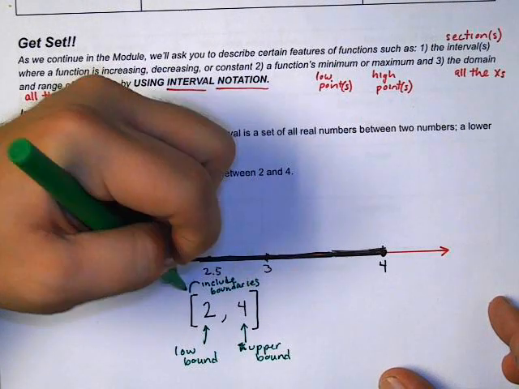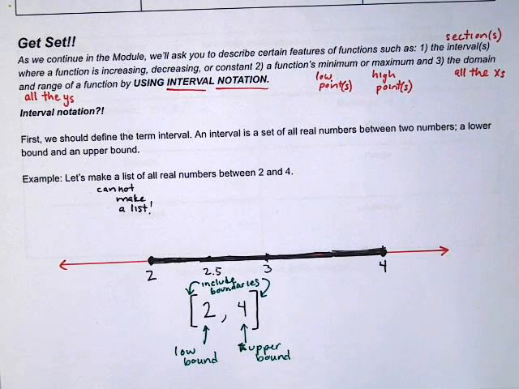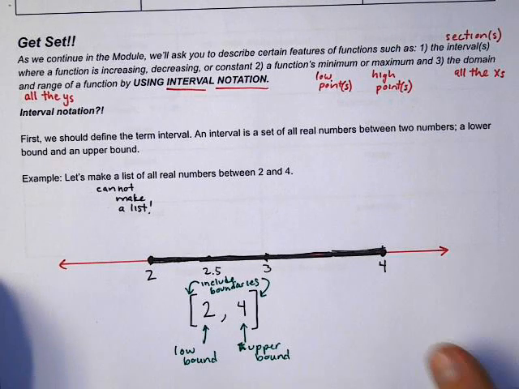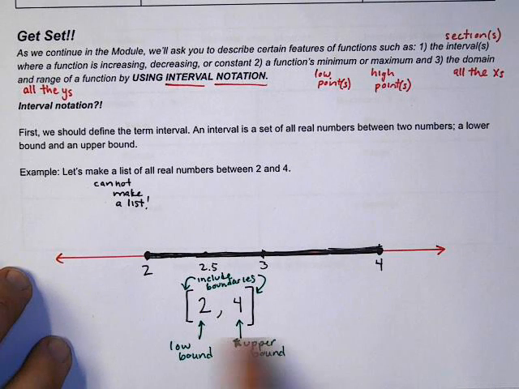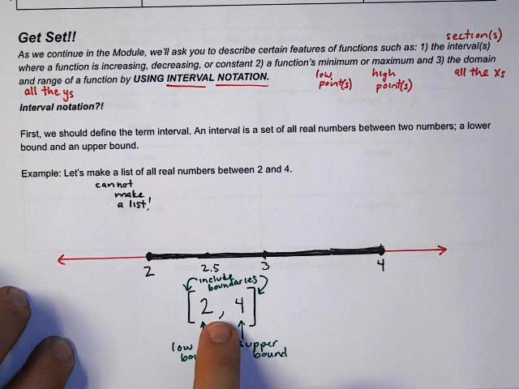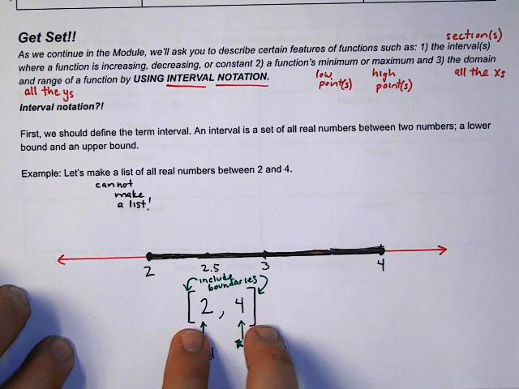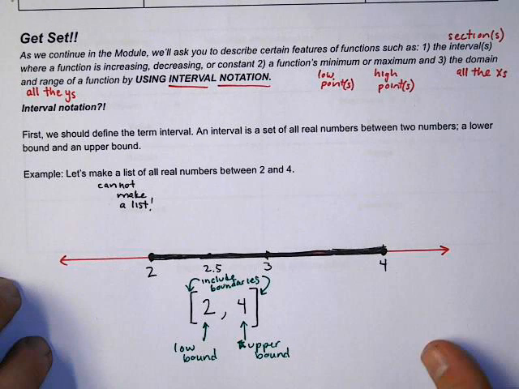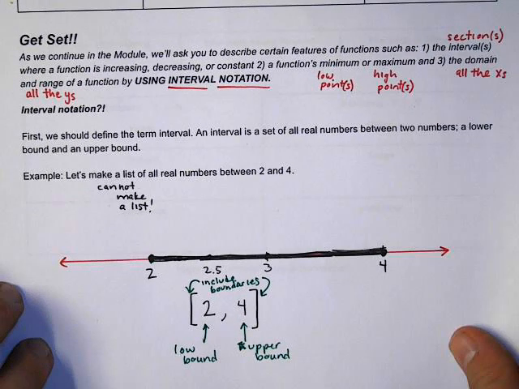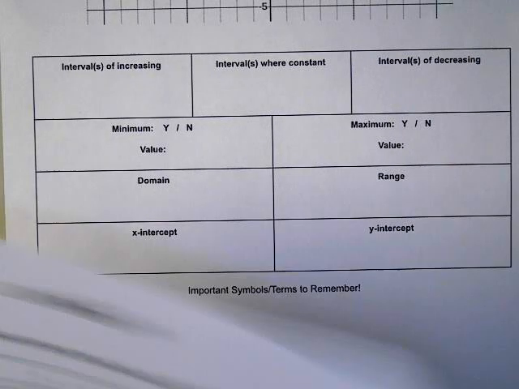Sorry, I'm lefty, so hopefully you can see that now. I'm including the boundaries, so I use square brackets. Okay? So, with this in mind, this idea of interval notation, understanding low bound, upper bound, and then this new idea of boundaries or brackets, we're going to answer some questions on the next page.